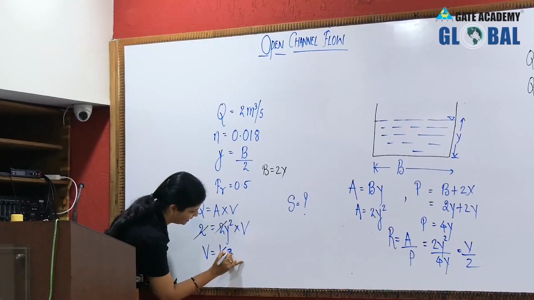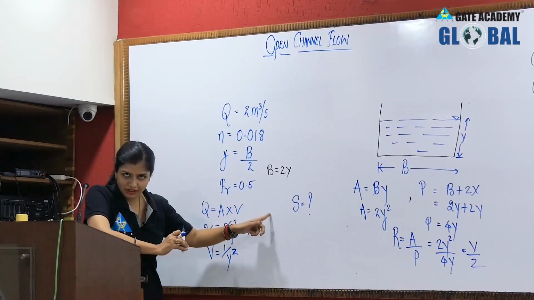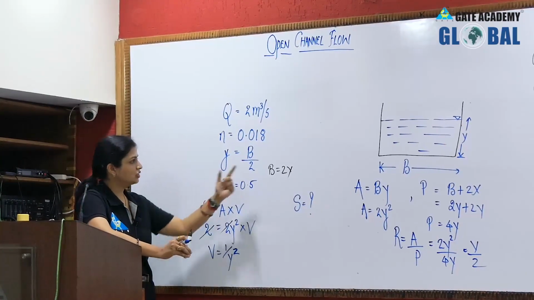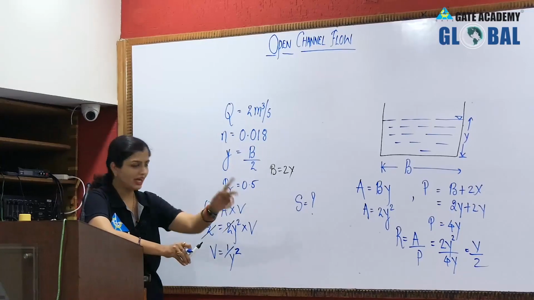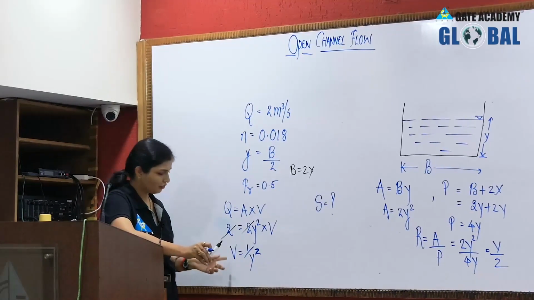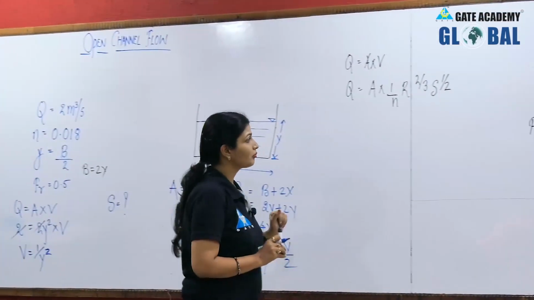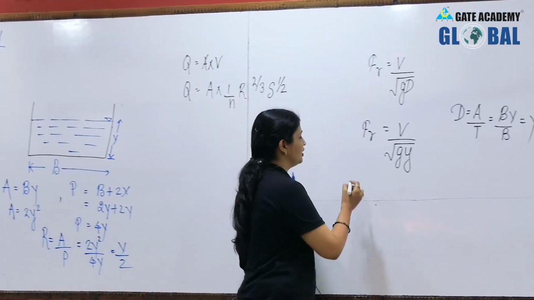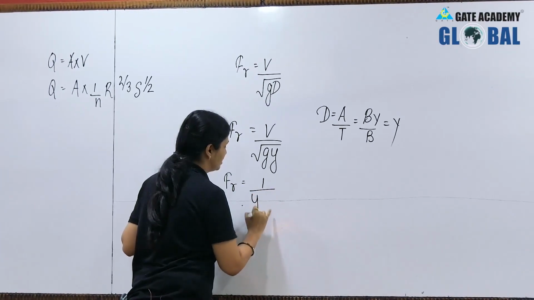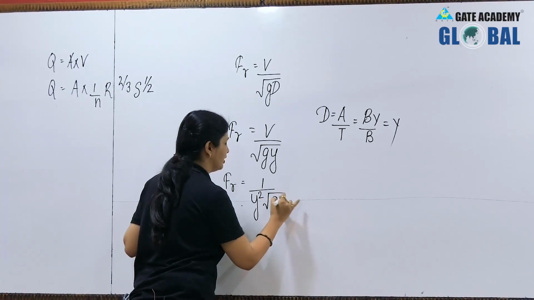Q is equal to area into velocity. Area is width into your depth of flow, so width is 2y into depth of flow y. You got 2y square into V. 2 and 2 get cancelled out. V is equal to 1 by y square. Now, I will substitute the value 1 by y square into root g y.